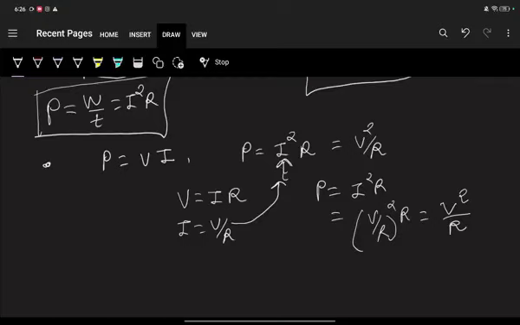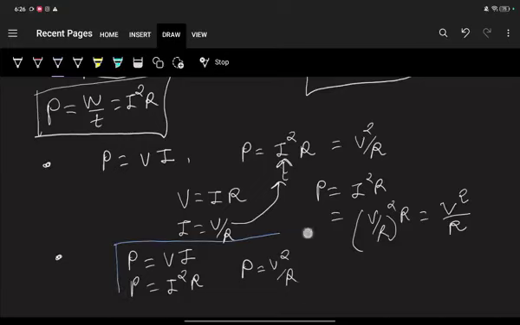So till now we have three formulas for power. P is equal to VI, P is equal to I square R, and P is equal to V square by R. You need to remember all these formulas. This will be very helpful in your upcoming exam.